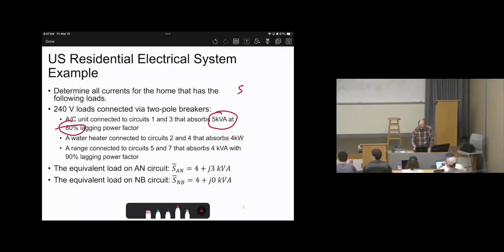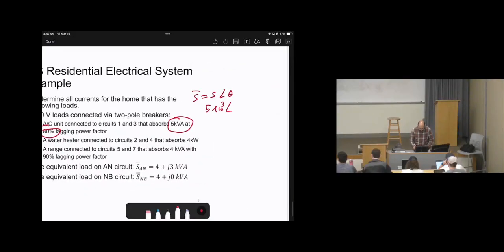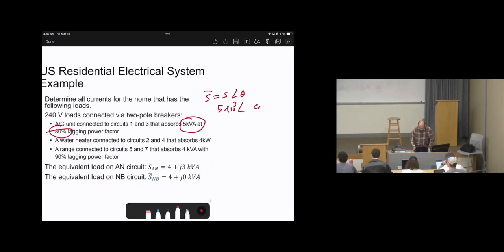Complex number S angle theta. Kilovolt ampere means S, since it's volt ampere. So it will be 5 kilovolt amperes, times 10 to the power 3. Angle theta is the cosine inverse of the power factor, which is 0.8, and it's positive because it's lagging.